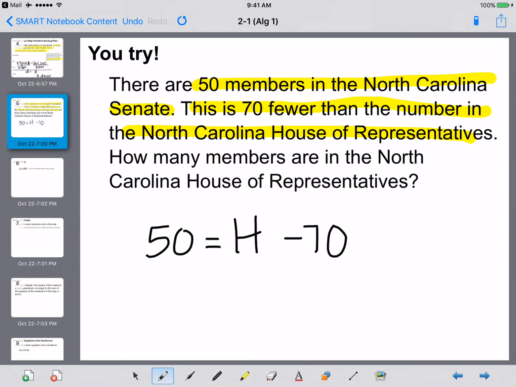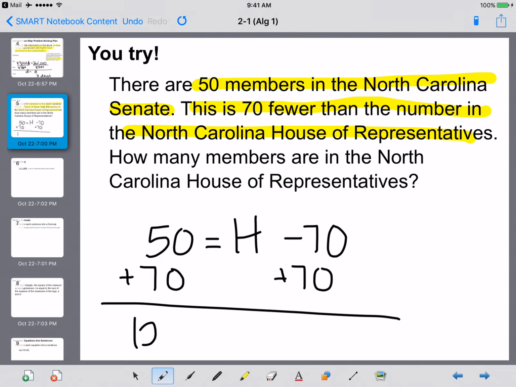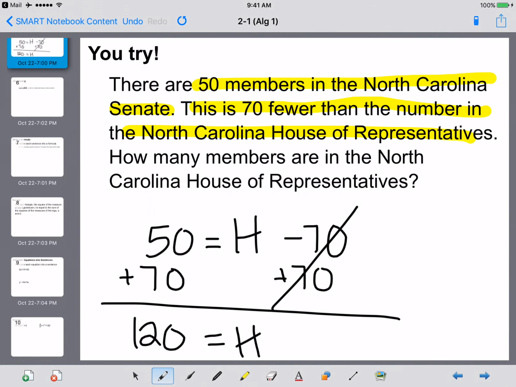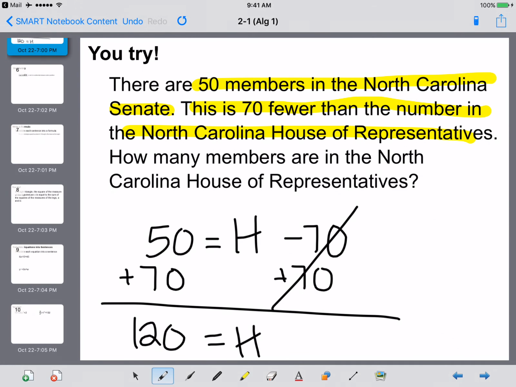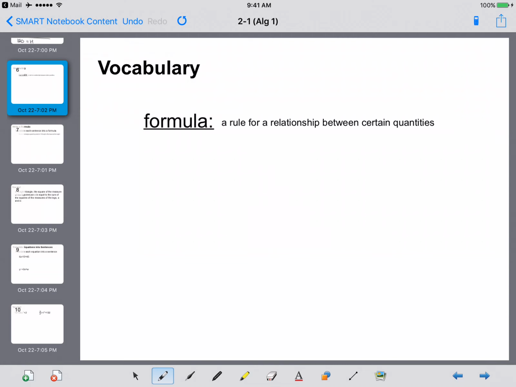Then to figure out how many are in the House, we need to get H all by itself. So if there's a minus 70 next to it, to turn that into 0, we're going to add 70. What you do to one side of the equal sign, you do to the other. And that'll get us 120 members are in the House.